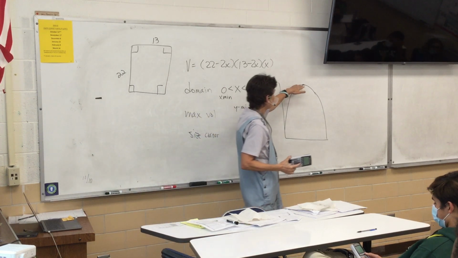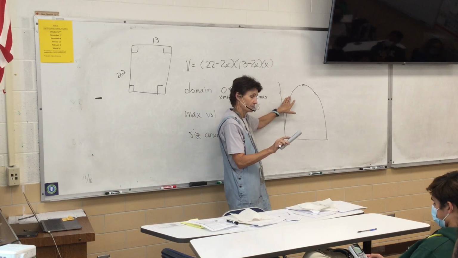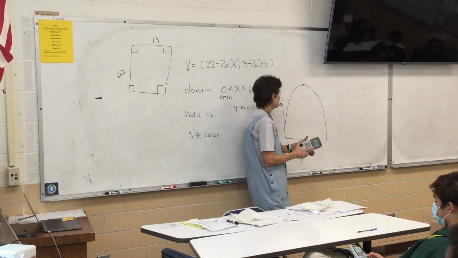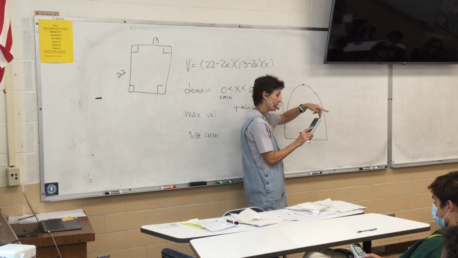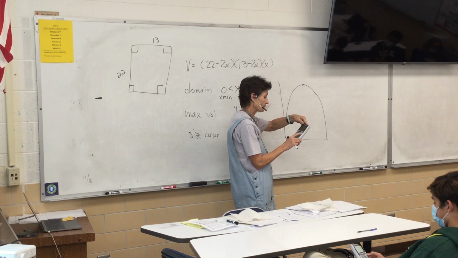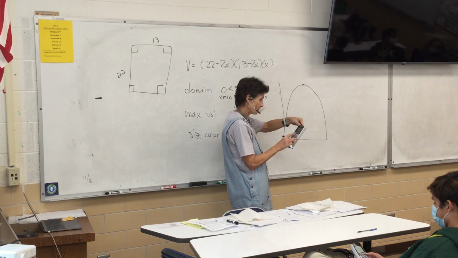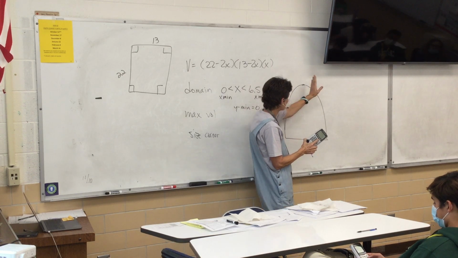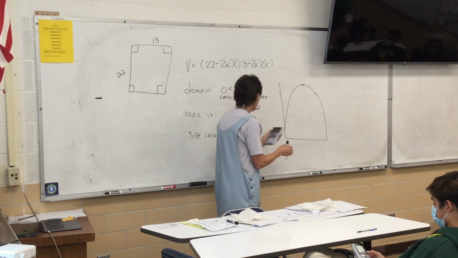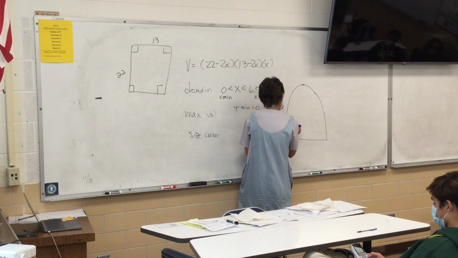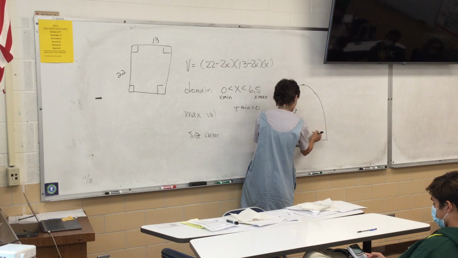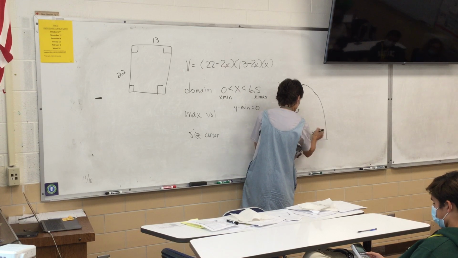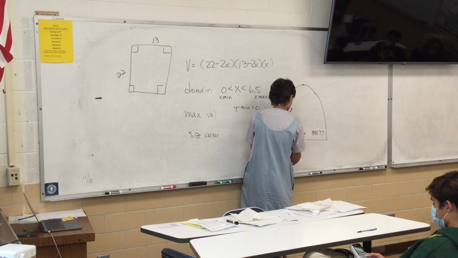Move my cursor over here, press enter, move it over here using my arrow button, press enter, and then put it in between those two boundaries I just set up, and it says that my maximum is 2.64 and 340.77. So this is X, this is Y.